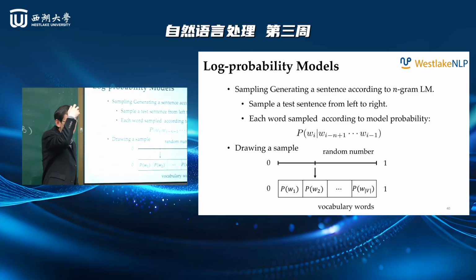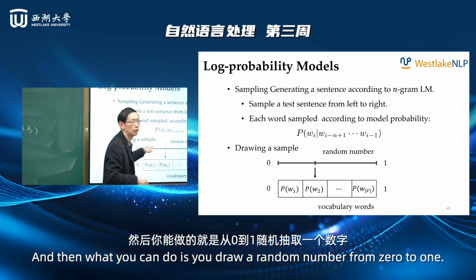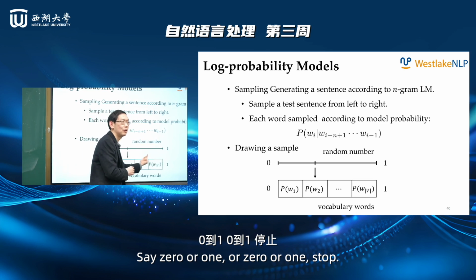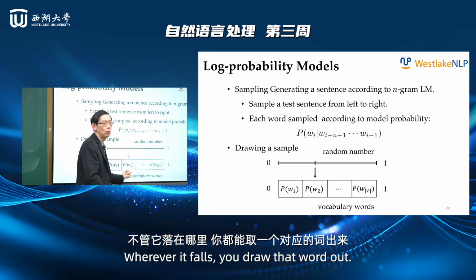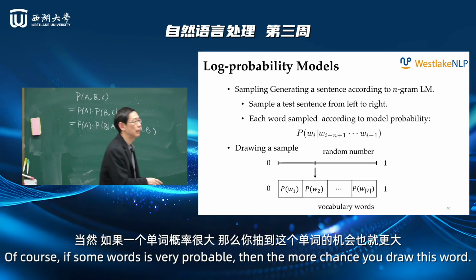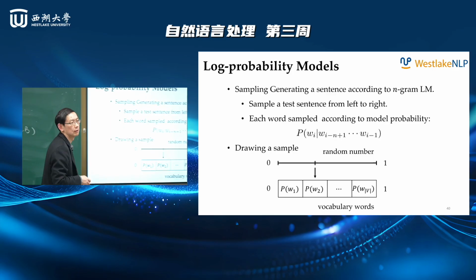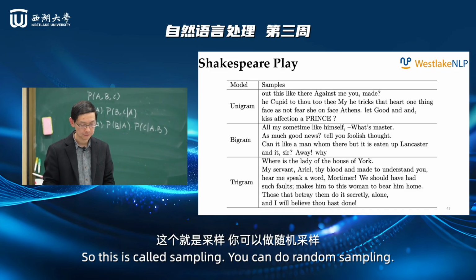Then you draw a random number from 0 to 1. The random number falls into a span of your words. Wherever it falls, you draw that word out. Of course, if some word is very probable, then you have more chance of drawing this word. This is called sampling. You can do random sampling.